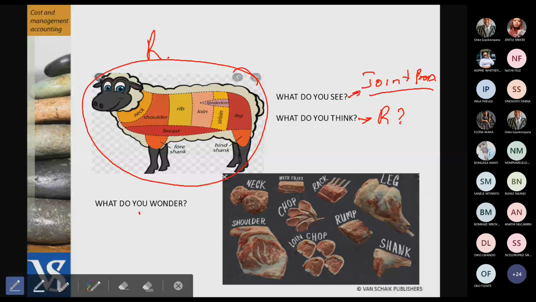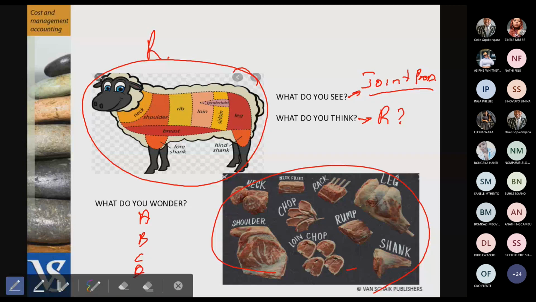And when we're looking at this meat, their prices are not going to be the same. We are saying that all this meat is from one sheep, so we might expect the price to be the same. No, we are going to have different prices as per the types of the meat, as you know. So that's what we're talking about when we talk of the joint and the byproduct.